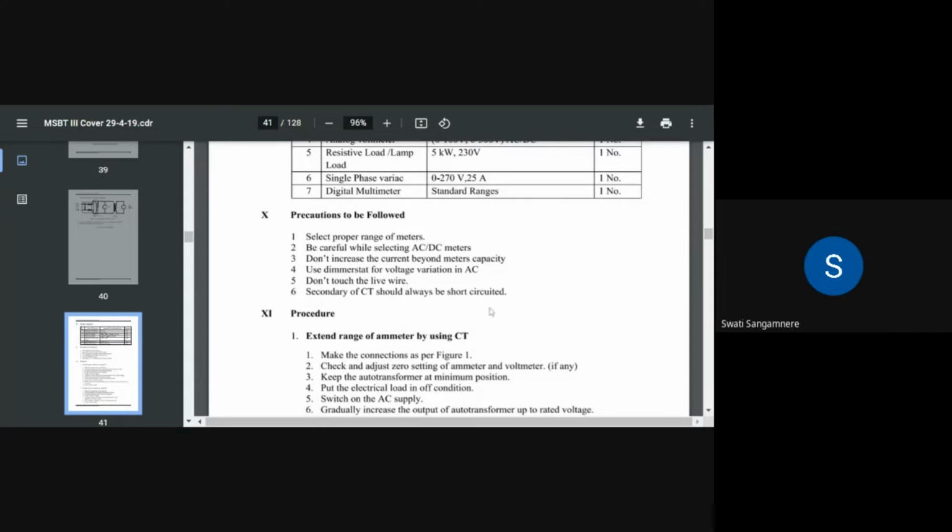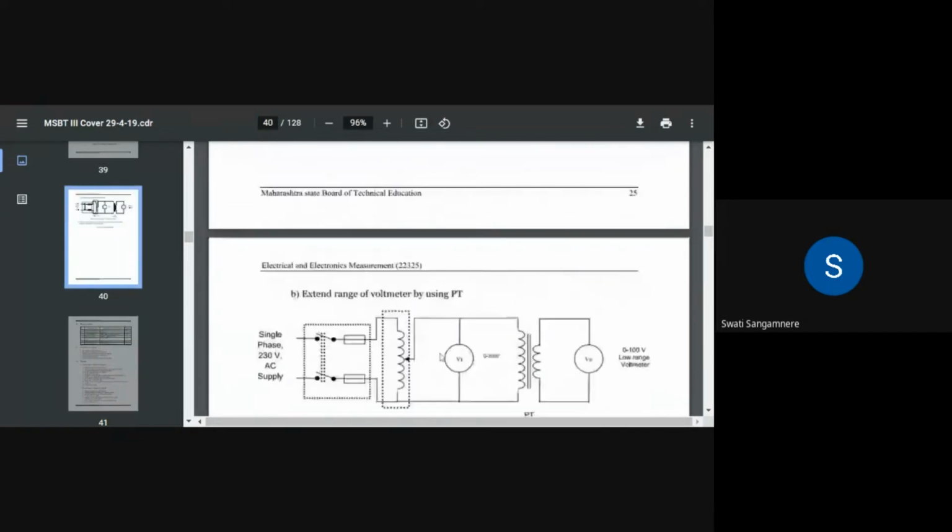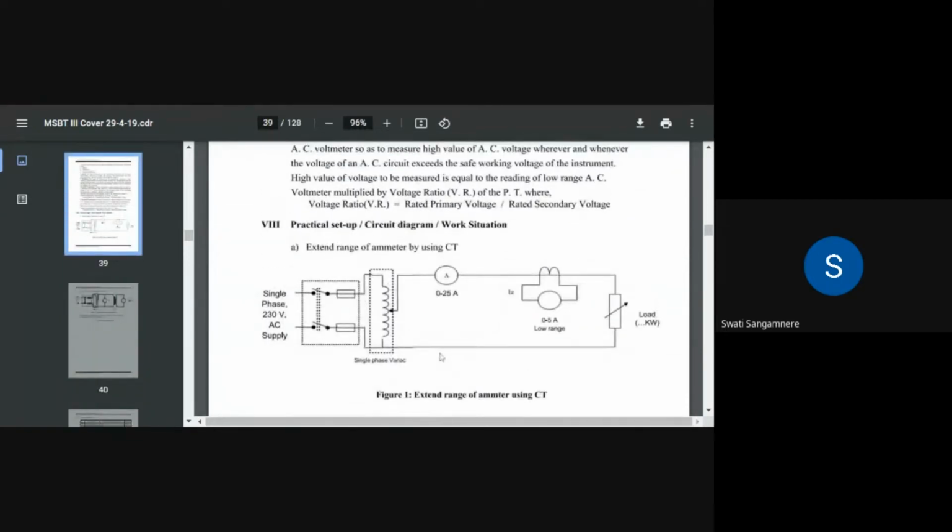Next we will see the circuit diagram for the extension of range of ammeter using CT. Firstly, AC supply is given to the circuit. Then a variac is connected having two terminals.